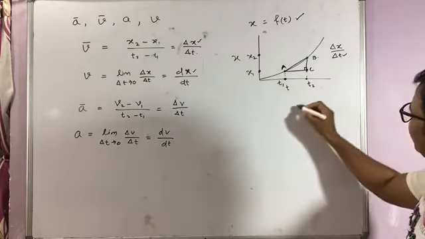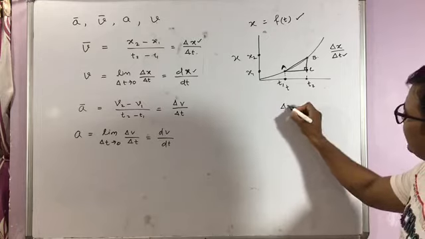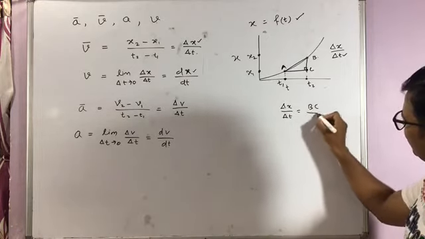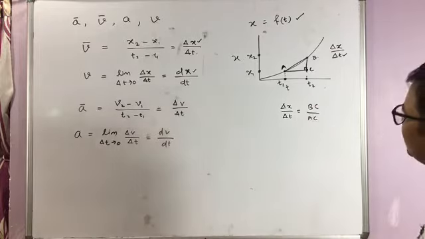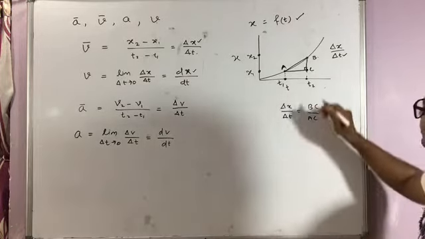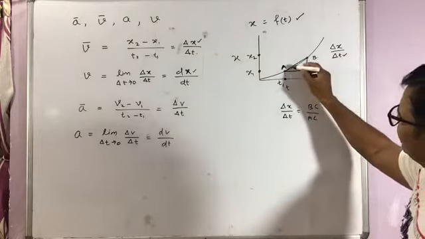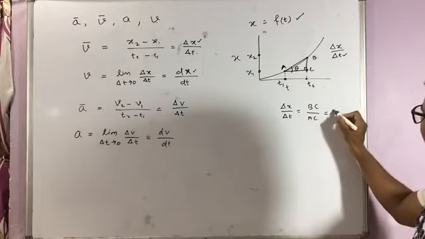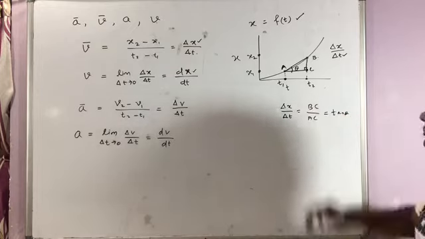So here I can write del x by del t is BC upon AC. If this angle were theta, then BC upon AC will be tan theta from the graph.